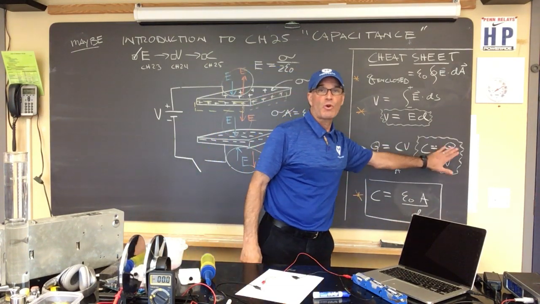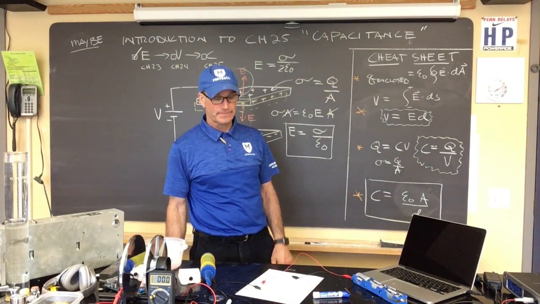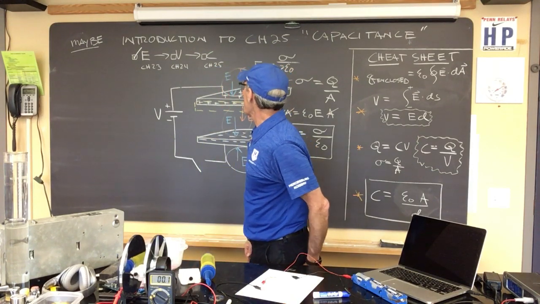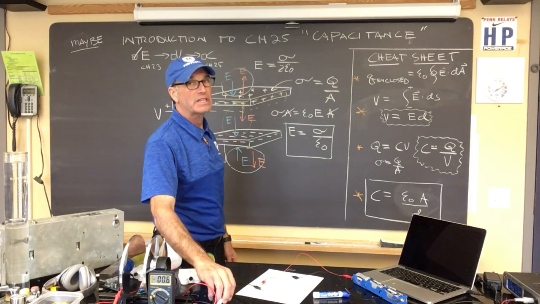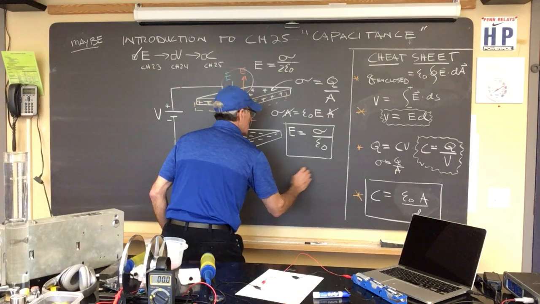How do you go from Q over V to epsilon naught A over D? All right, here we go. Potential. This one's a little on the easy side. Okay.